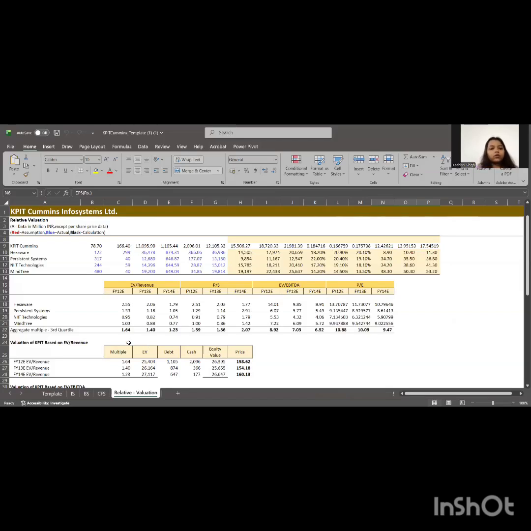So, moving on to the conclusion. To wrap up, in this Excel model, we have seen how the relative valuation model helps estimate KPIT's fair value by comparing it with its peers. We began with basic market data, share price, and number of shares to calculate market cap. Then we added debt and subtracted cash to arrive at the enterprise value.